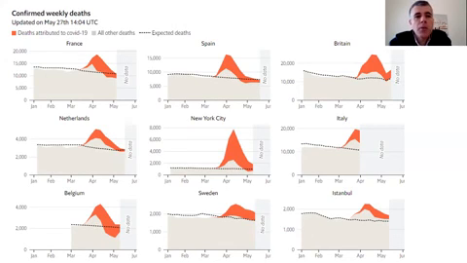And for the particular time of the year, the dashed line is what you would expect for each of these countries. So you can see again how the all-cause mortality rate has really risen up very markedly above that. And in a lot of cases, that's to a greater extent than the orange area would suggest, so that even some deaths that haven't been attributed to COVID-19 are probably a consequence of it.